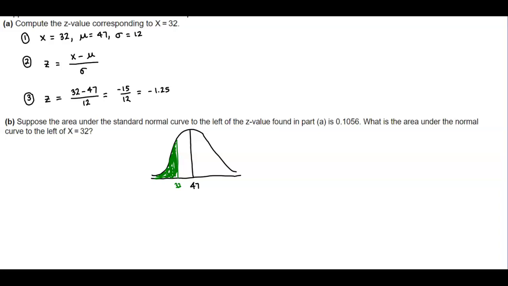Okay, now from the above z-score, we found that under the standard normal curve, the standard normal curve tells us that we have 0 as our mean.